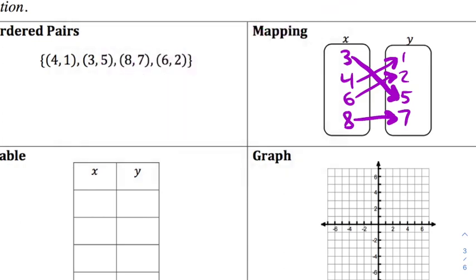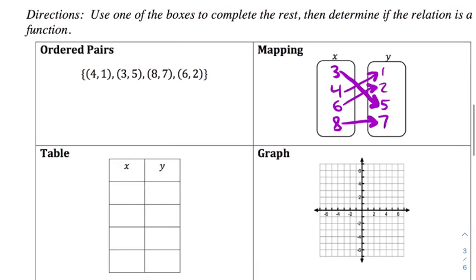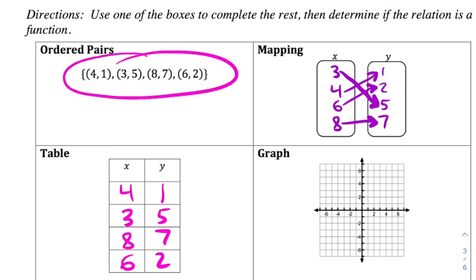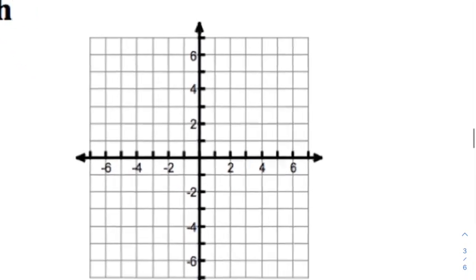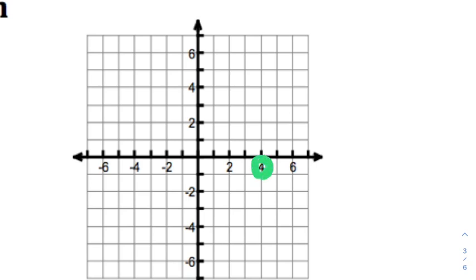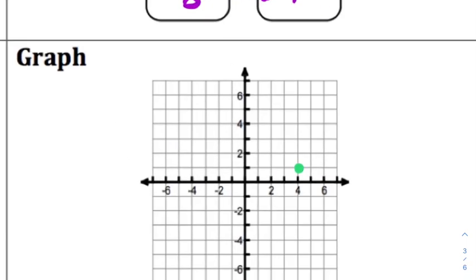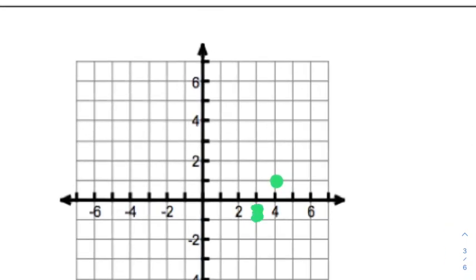For the table, I really can just copy over those ordered pairs, 4 and 1, 3 and 5, 8 and 7, and 6 and 2. Now I'm going to take these points and I'm going to graph them. So for 4, 1, I go to an x value of 4 and a y value of 1, and I plot that point. 3, 5, I'll go to an x value of 3 and a y value of 5.